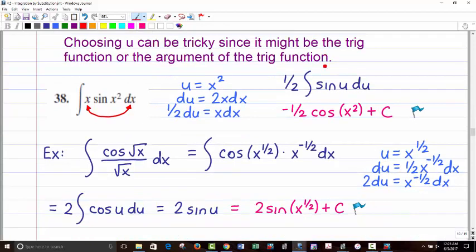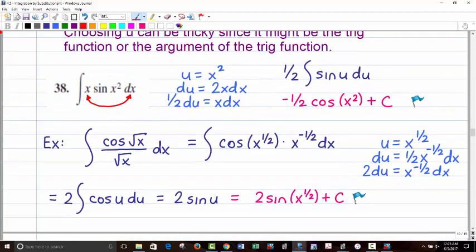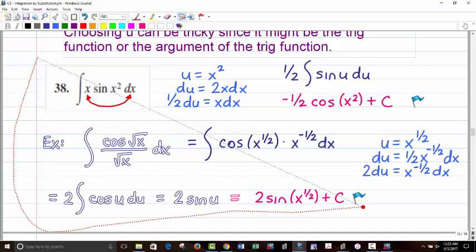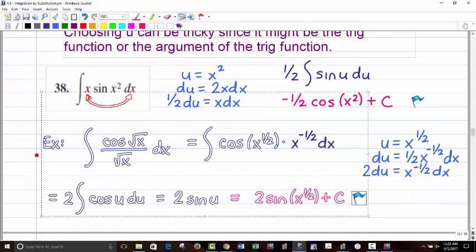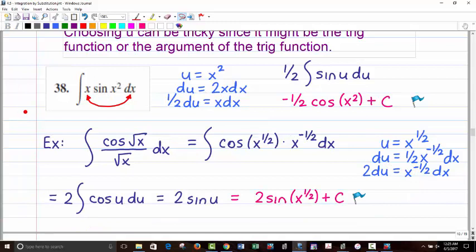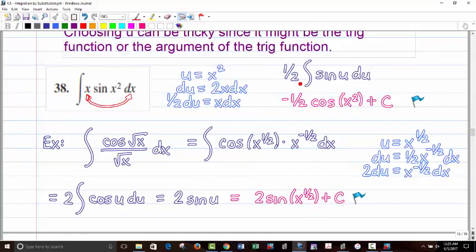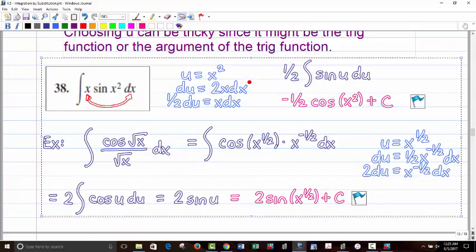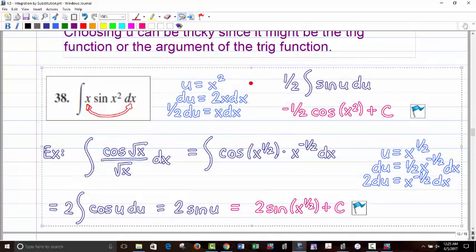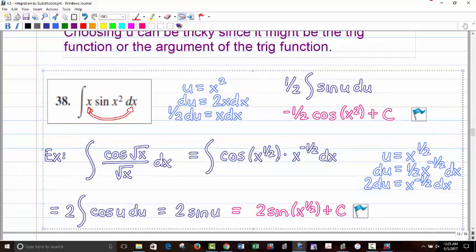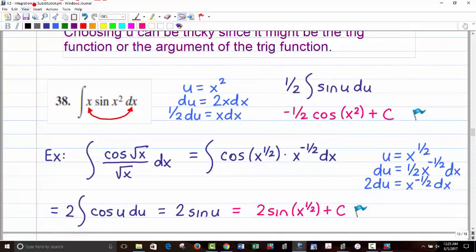So let's see what we have here. Let's look at that problem. The integral of x times sine of x squared. I'm having to decide whether the u is going to be the trig function itself, or the argument of the trig function.